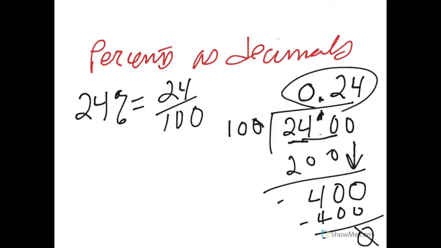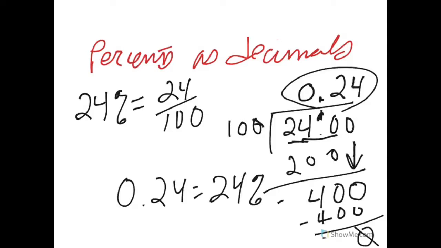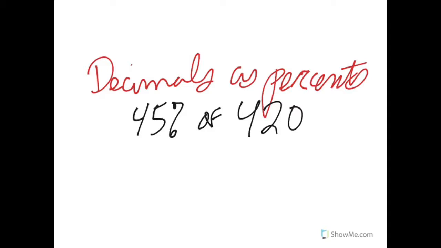So 0.24 is the same thing as 24%. We can use decimals, fractions, percents. They're all interchangeable, but we can figure out different percentages by using these math skills that we've learned.